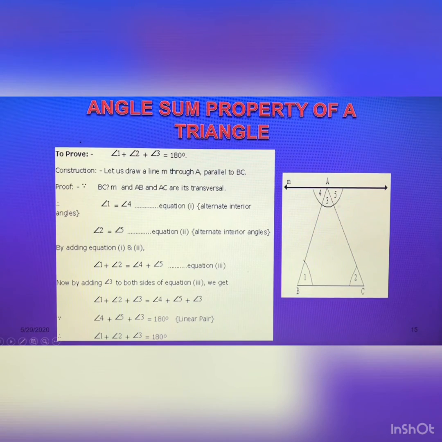This is a straight line, so the sum of these angles is 180 degrees. That is angle 4 plus angle 5 plus angle 3 is 180 degrees. So we get the requirement, that is angle 1 plus angle 2 plus angle 3 equals 180 degrees. So this is the proof.